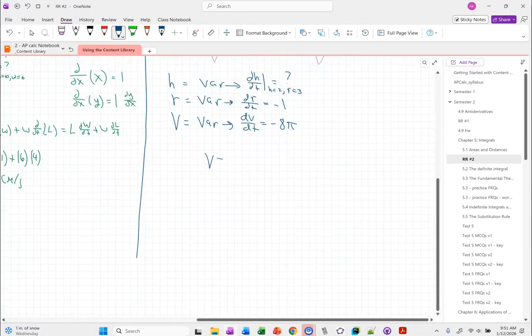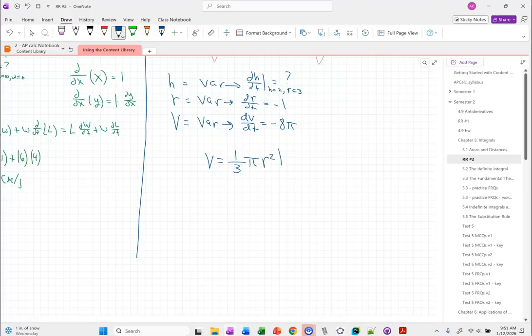Okay. So the volume of a cone is what's going to be describing the situation. So far, so good. I'll take my derivative. Now, when I take the derivative of the right-hand side, what do I need to do? Product rule here, right? Everybody see it? Okay.